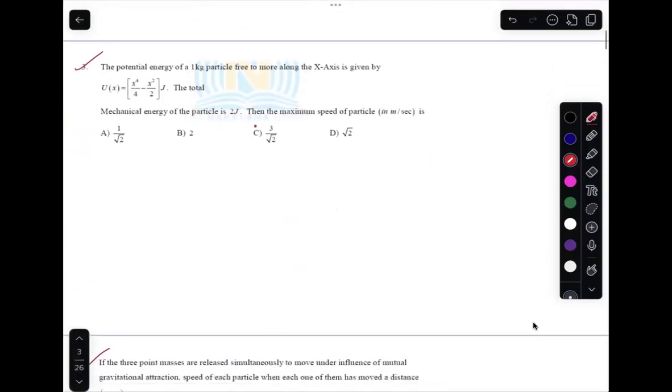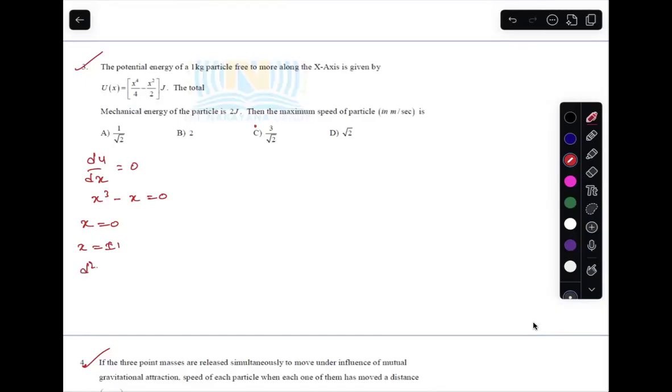The potential energy of a 1 kg particle, potential as a function of x, is given. First, equilibrium is what we need to find. dU by dx equal to 0 means x cube minus x is equal to 0. x equal to 0 is one option, x equal to plus or minus 1 is the other.